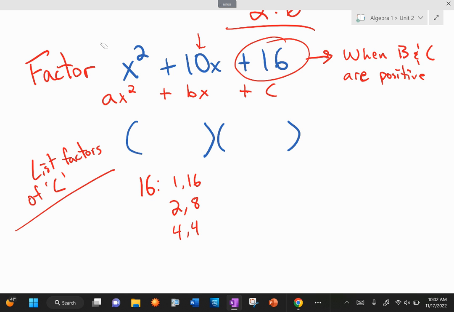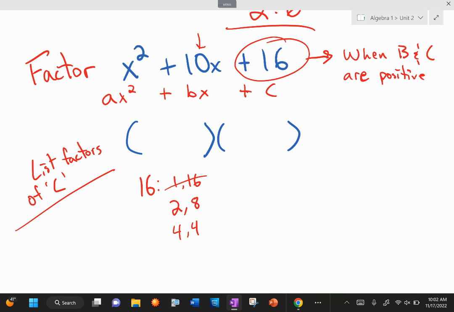No, right? I could add them and it'd be 17. I could subtract them and it could be 15 or negative 15. Or I could add two negatives, negative 17. But none of those give me 10, so it's not that one.